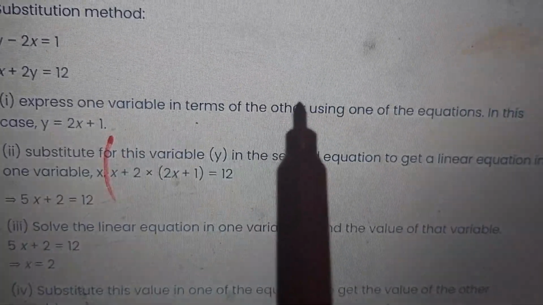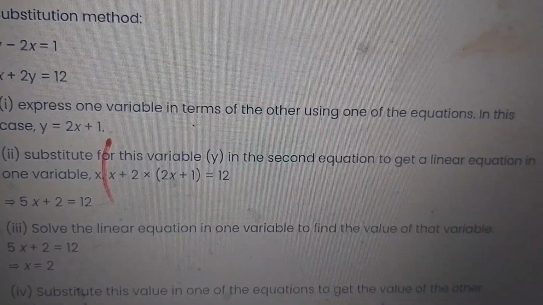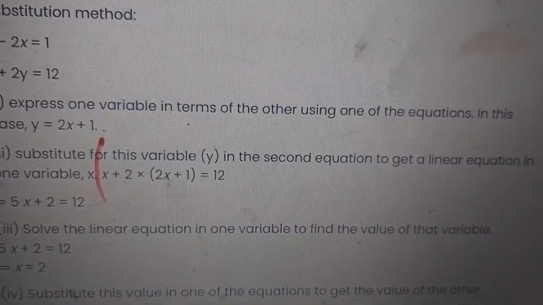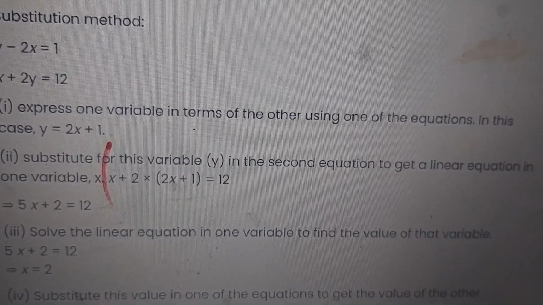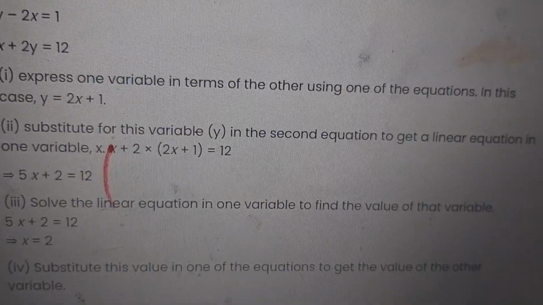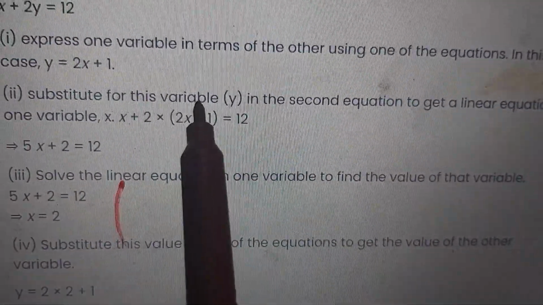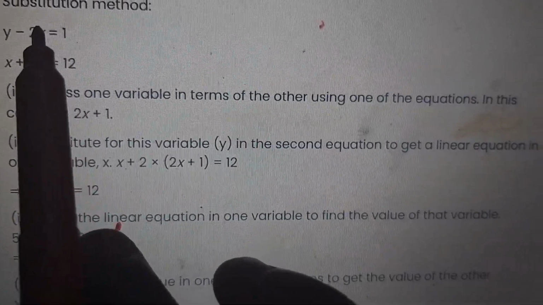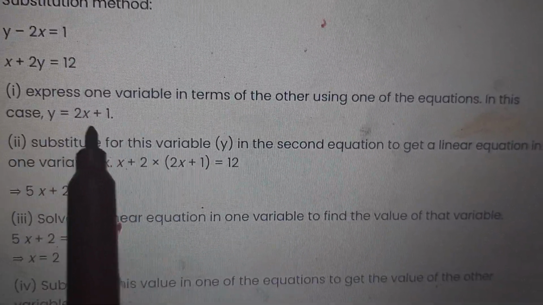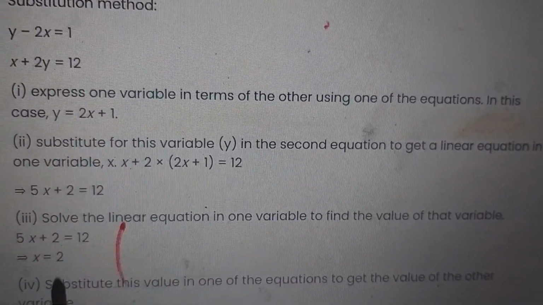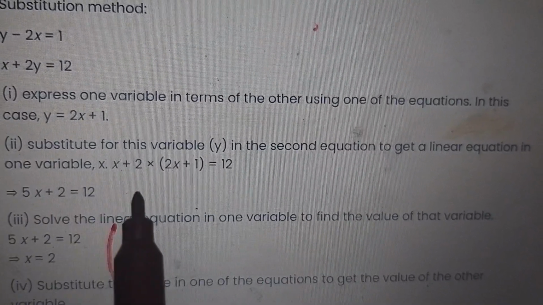Express one variable in terms of the other using one equation: y equals 2x plus 1. We substitute this in the second equation. Then we have 5x plus 2 equal to 12.